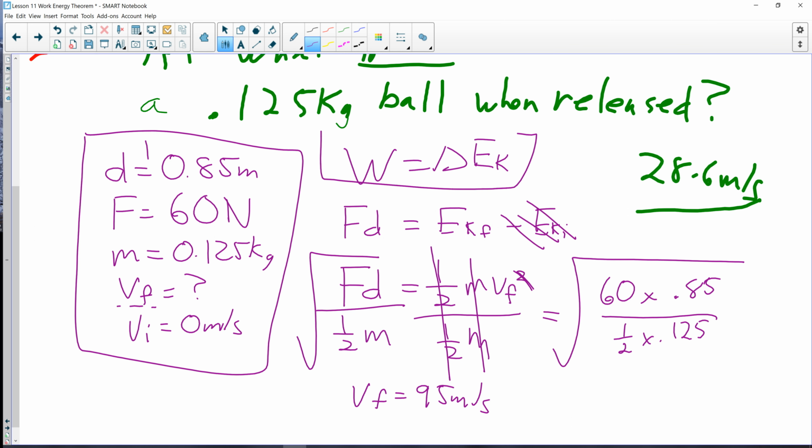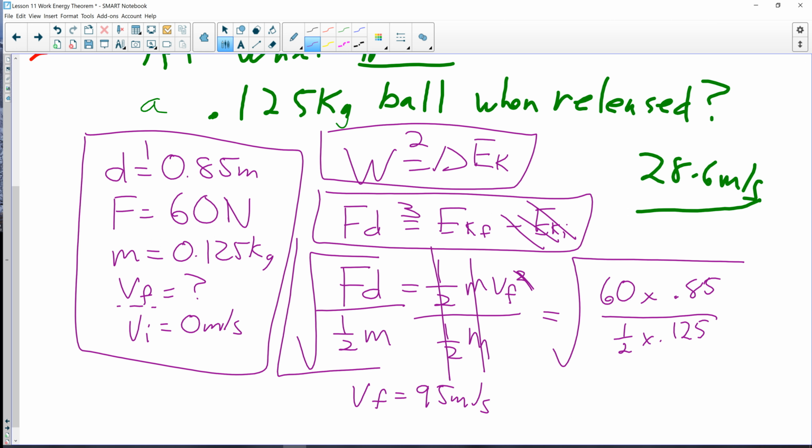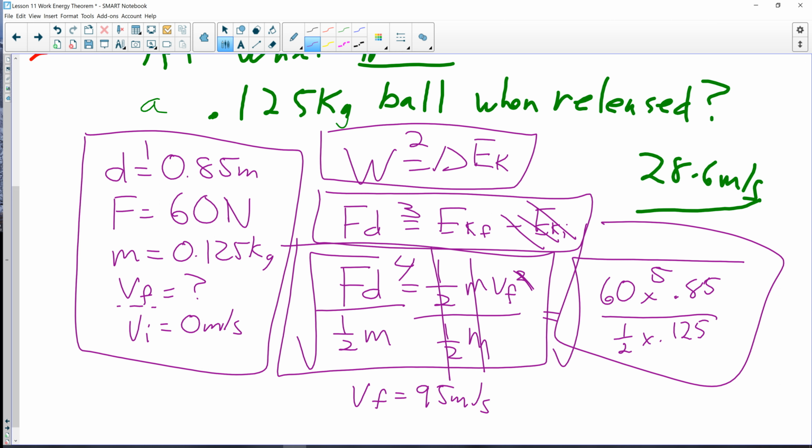We identify what kind of energy is changing, that's step 2. We set up the work energy theorem, that's step 3. We manipulate, that's step 4. We plug in and solve, that's step 5. It's always the same set of steps.